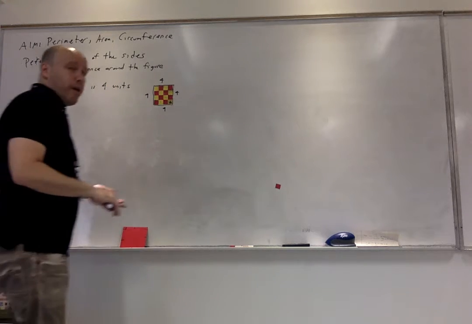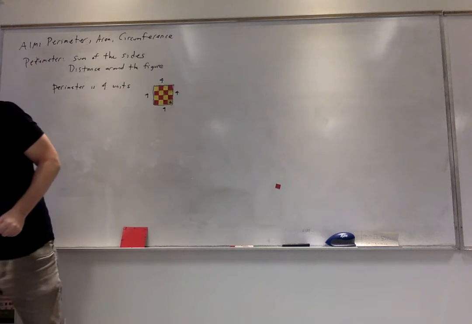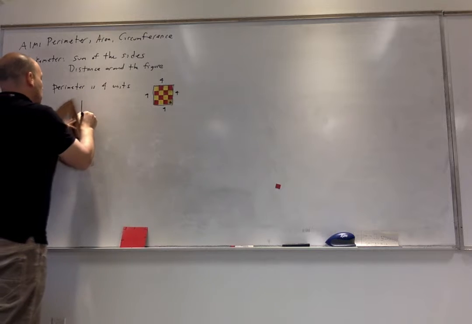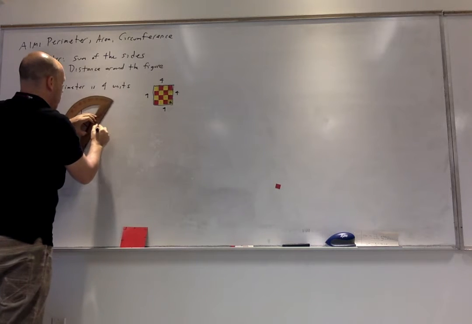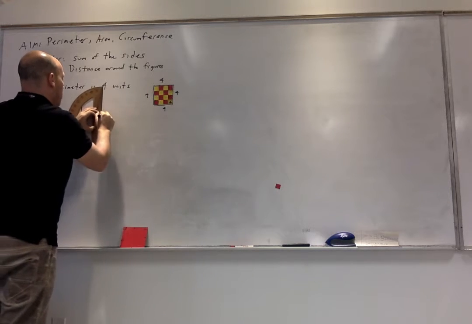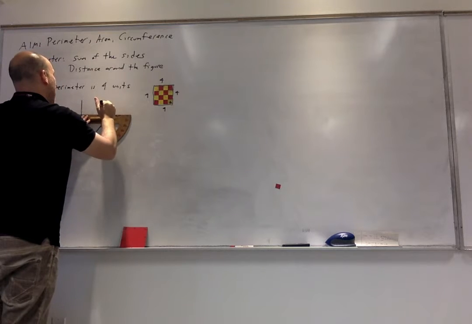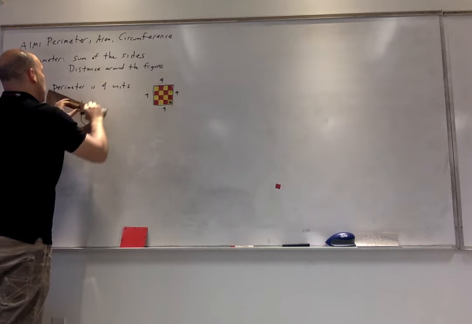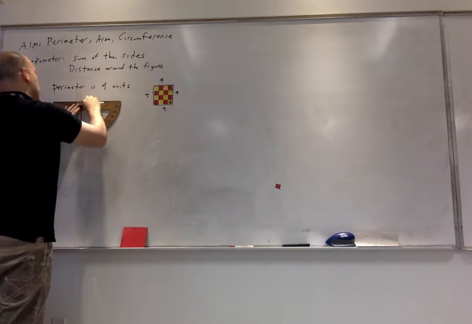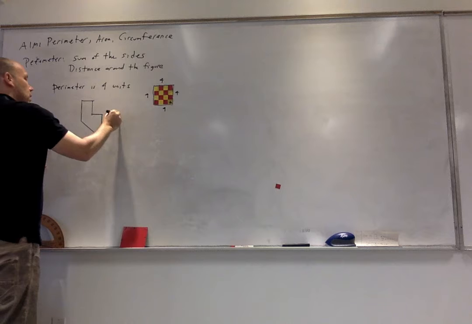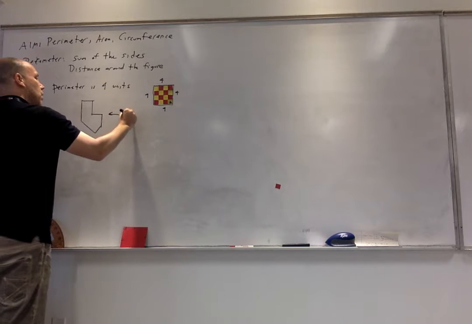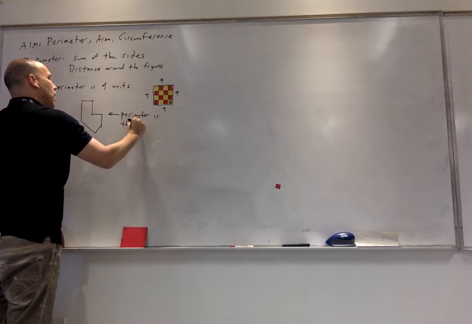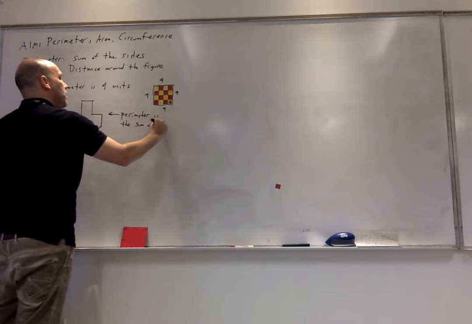Sometimes you might get a weird figure, something that looks like this. You can make any figure you want, but the idea is the perimeter is the sum of the sides.